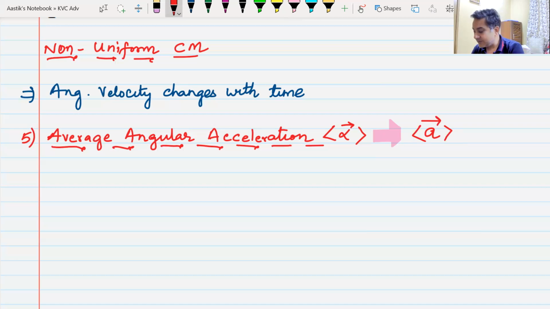Tell me, what will be average angular acceleration? Sir, we don't know, sir. We are hearing it for the first time, sir, and you are asking us what this is? What are you there for, sir? Sitting and chilling out.